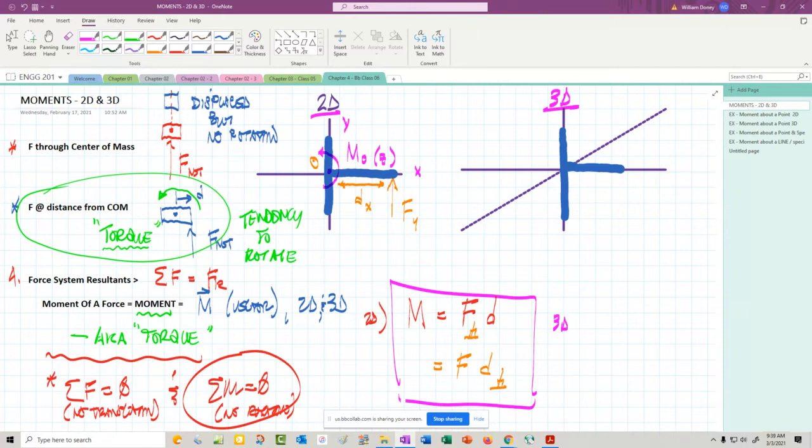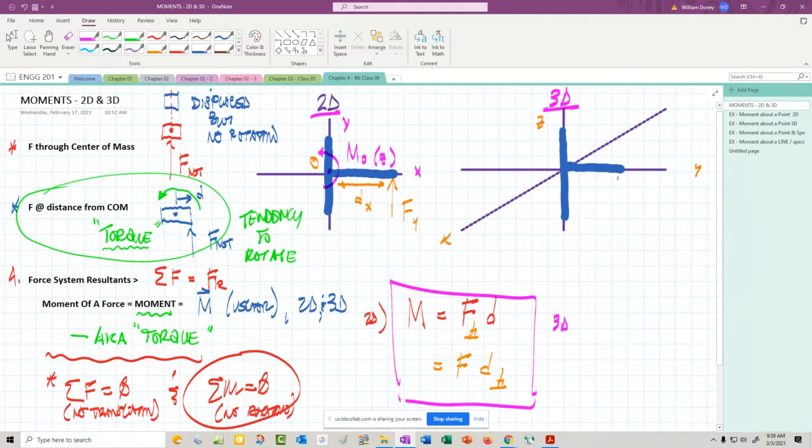So the plane that the force and the distance are in, the moment will be set up in a plane perpendicular to that plane. Now, if we're in 3D, let's have that force. Here we have y, there's x, and then z is vertical.